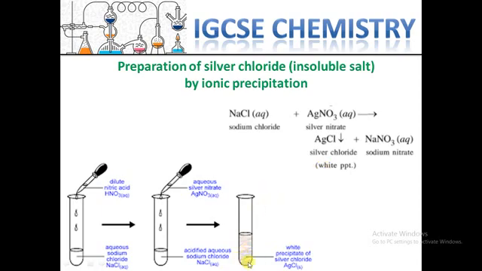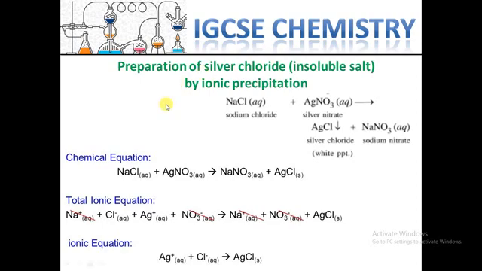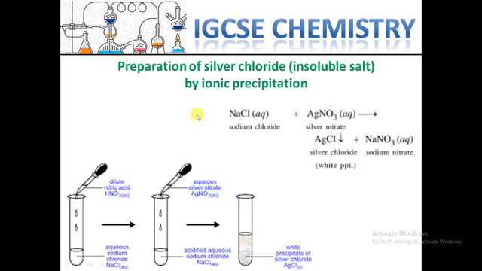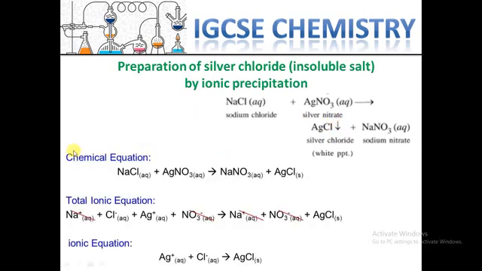That means you will get a solid insoluble salt at the bottom of your lab dish, and then sodium nitrate. Here I simplified the reaction: sodium chloride and silver nitrate give silver chloride as your precipitate, and sodium nitrate.